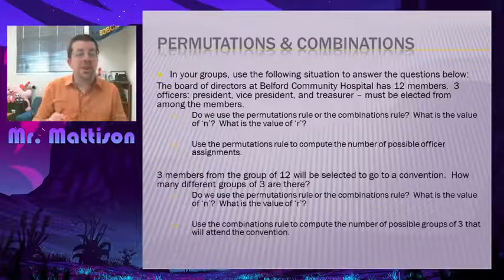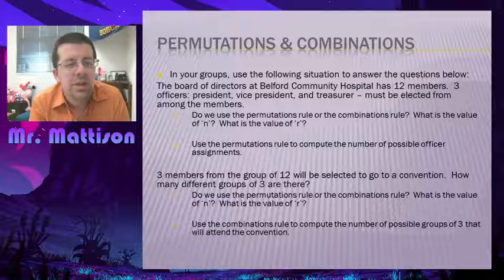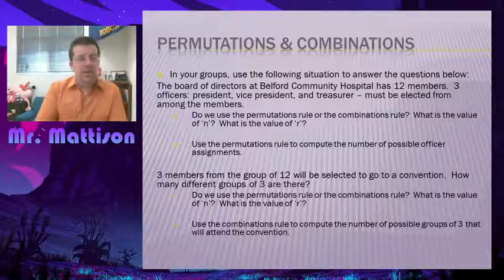All right, so let's try this out. The board of directors at the community hospital has 12 members, three officers, a president, a vice president, and a treasurer. Do we use a permutation or a combination for this? Well, does the order matter?